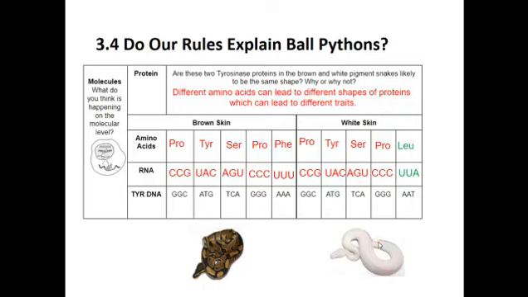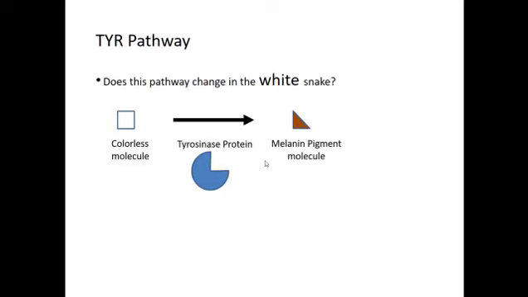So now that we've had a chance to review what's happening at the molecular level with different traits, let's go ahead and look at our gene pathway. I hope this looks familiar to you. Ball pythons function very similarly to humans, where we have a colorless molecule.